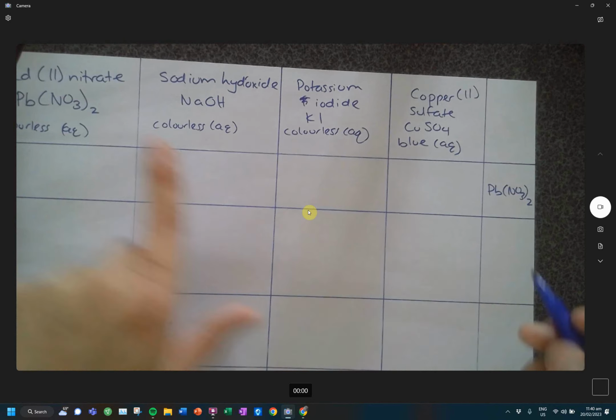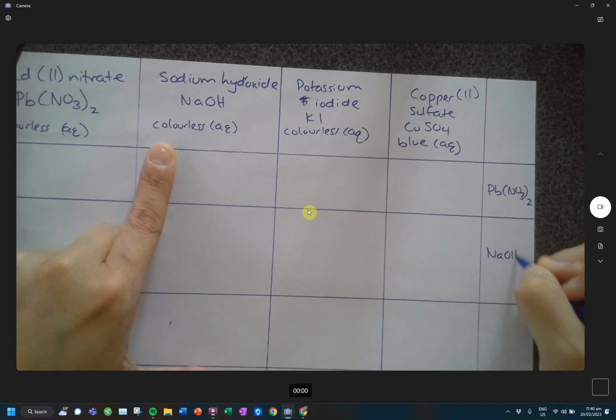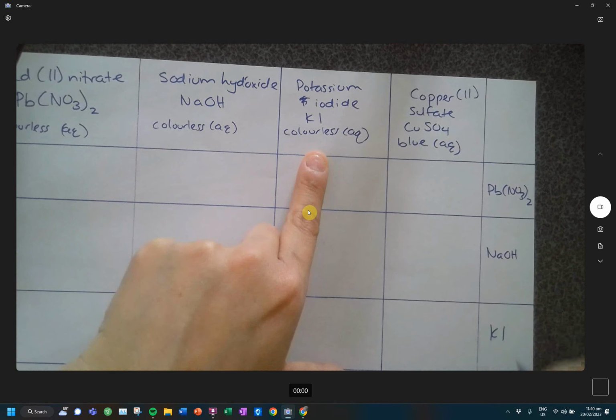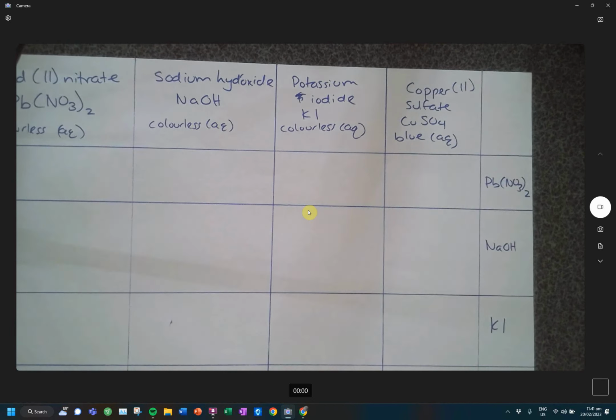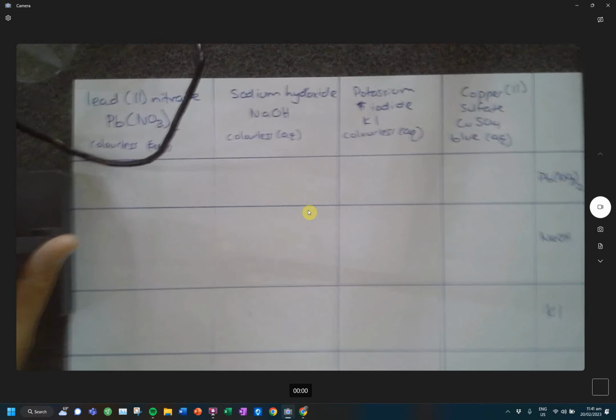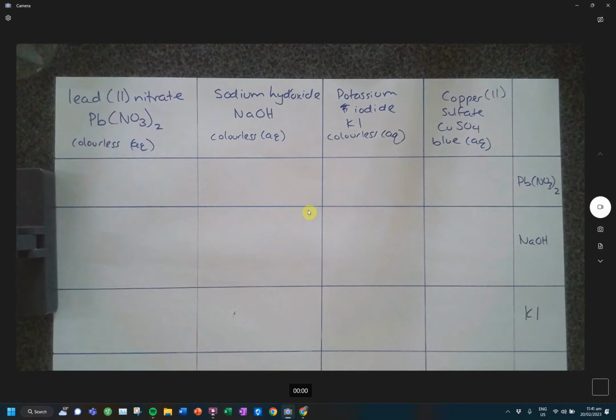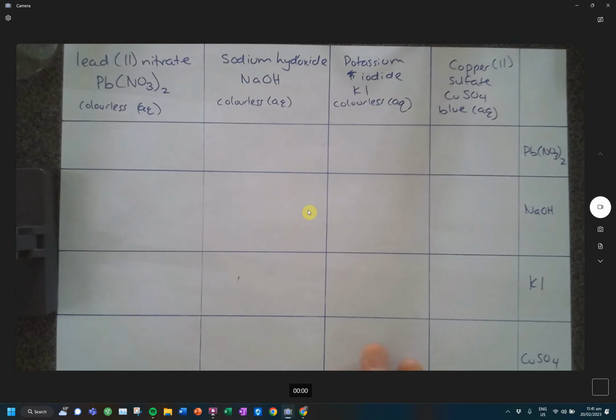So lead was our first one, sodium hydroxide was our second one, potassium iodide, and copper sulfate. So I just basically want to make a grid so that way I can keep track of what I've mixed with what and what I've noticed observation-wise.